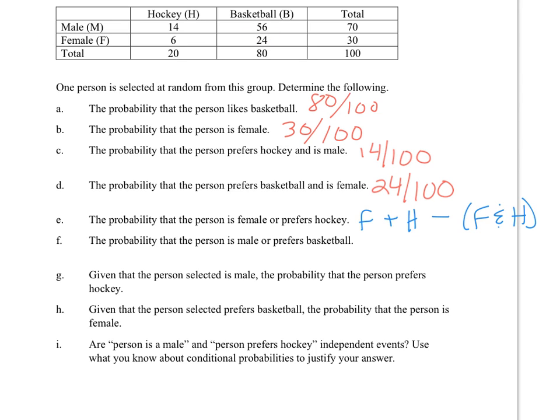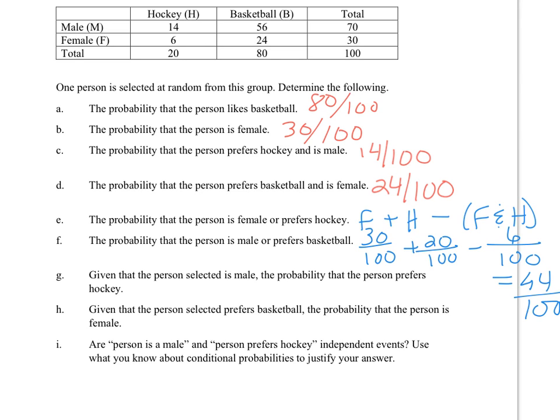I'm going to do it the way I've written out in blue. So the female, that's 20 out of 100. Oh, nope, I'm reading it wrong, sorry. Female is 30 out of 100. Hockey is 20. Minus females and hockey is 6. And that gives us 44 out of 100.